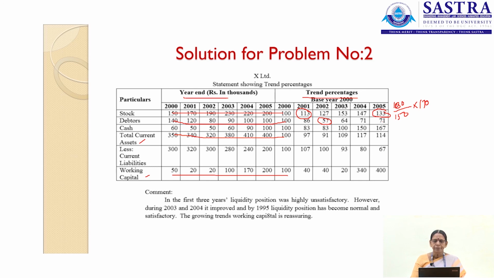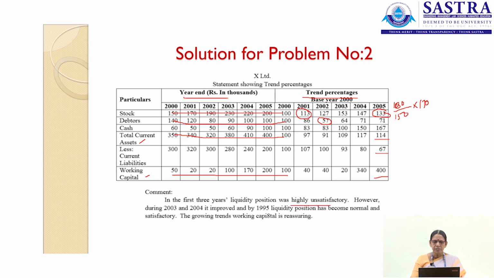The same way, total current assets, we have a decrease in the last year. The same way, we have total current liabilities, we have a decrease in the last year and working capital, we have an increase. So, the same way we have to calculate and we have to find out whether there is an increasing trend or a decreasing trend.